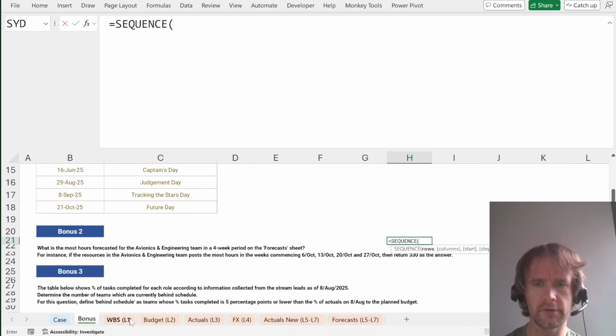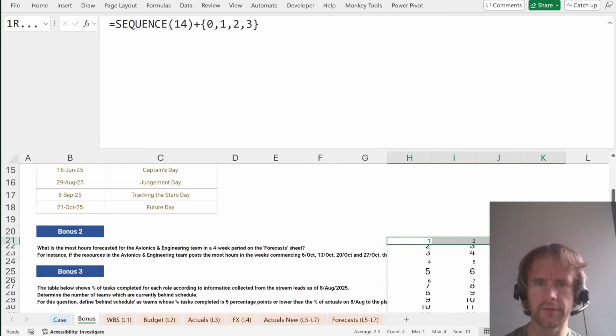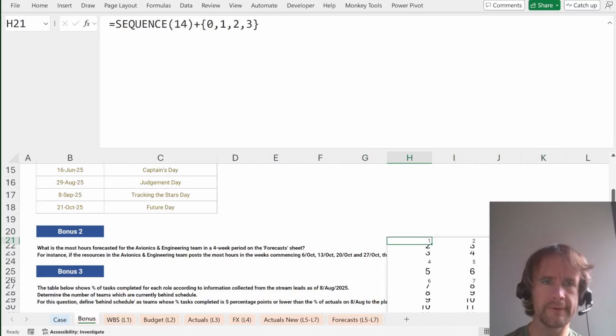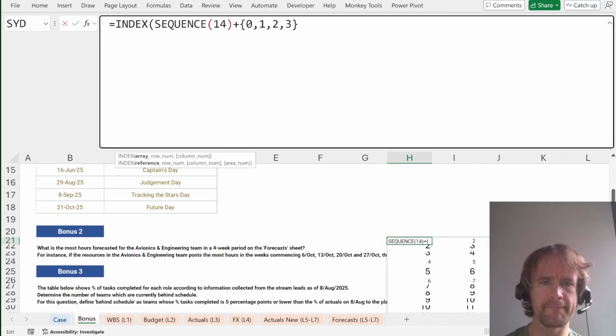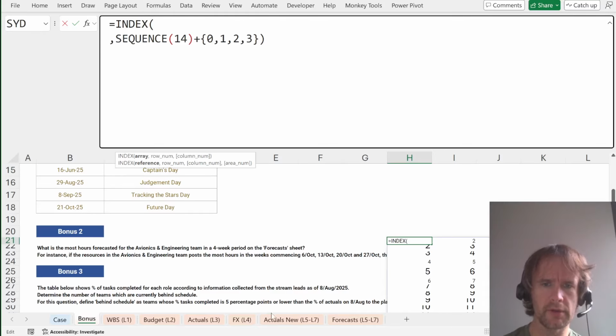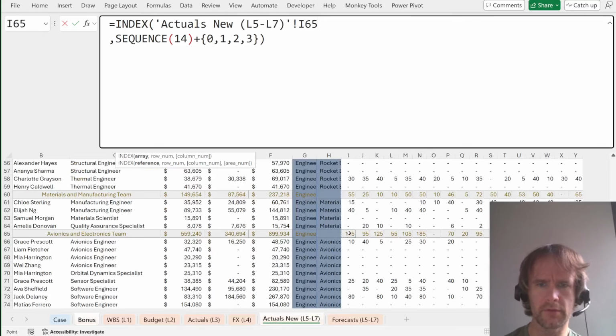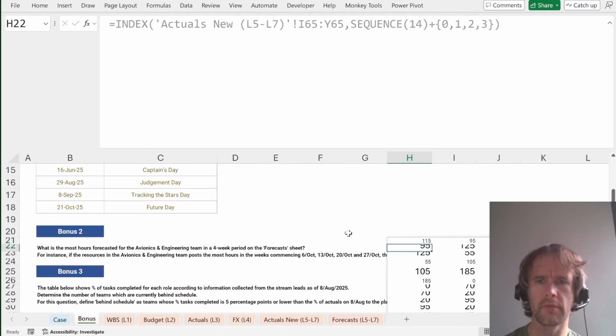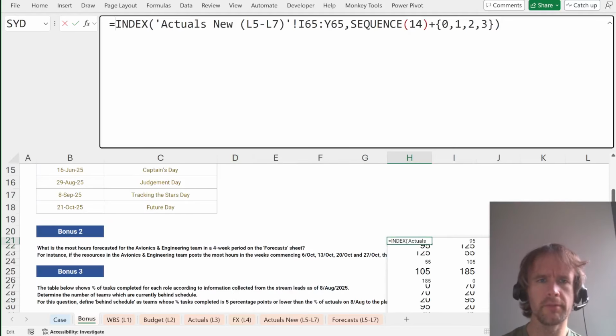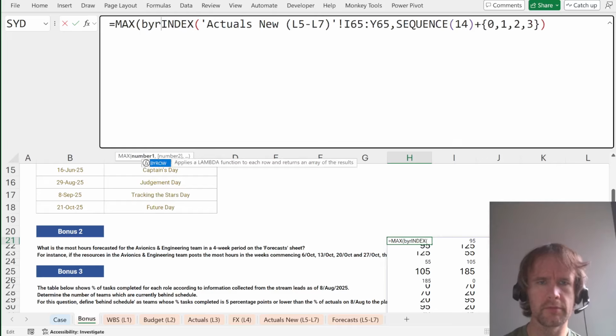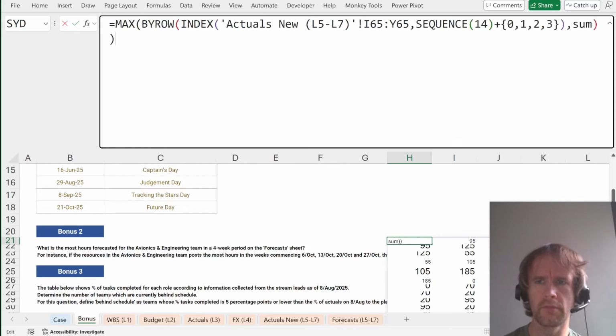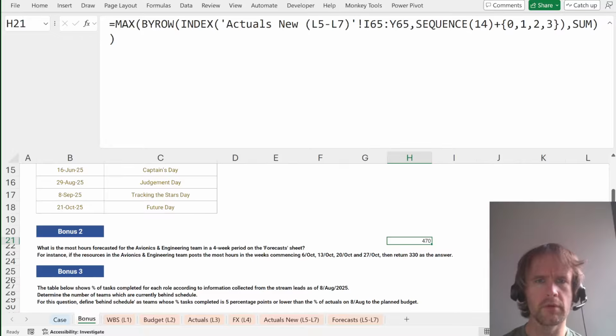So let's say sequence 14 plus sequence plus 0, 1, 2, 3. Okay. And we'll index all of this by that. Then we'll do row sum, and then we'll take the max.